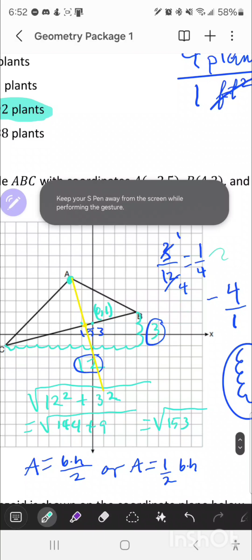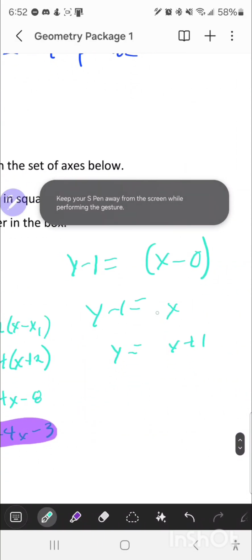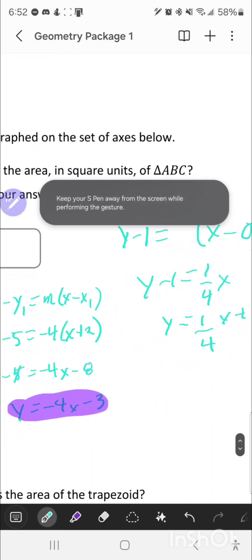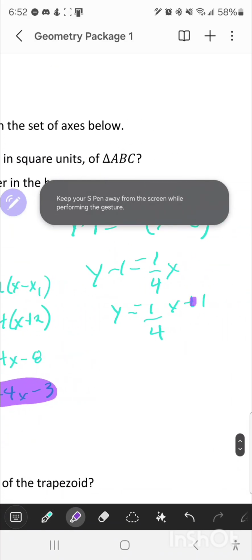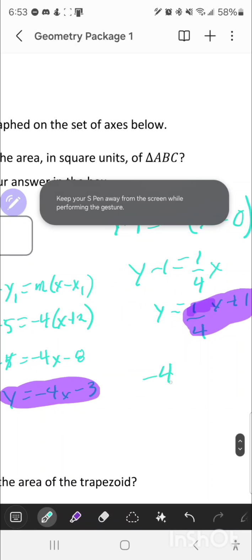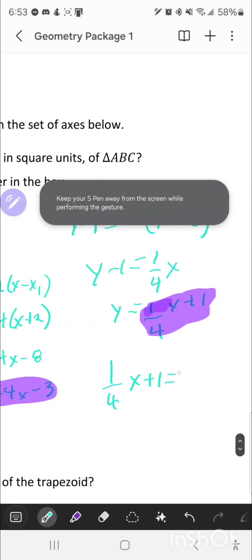My slope here was 1/4. Okay, this is 1/4. That was my bad. They are both equal to y, so we make both equal. So I can say negative 4x plus 1 equals negative 4x minus 3, with the 1/4 slope.